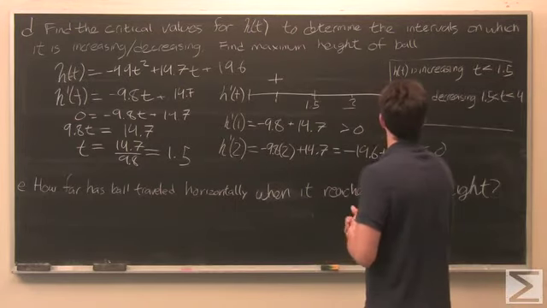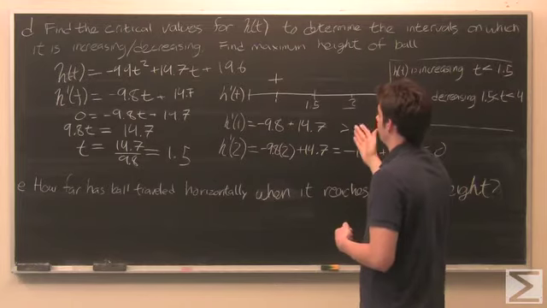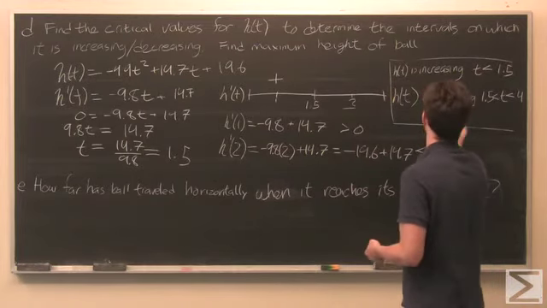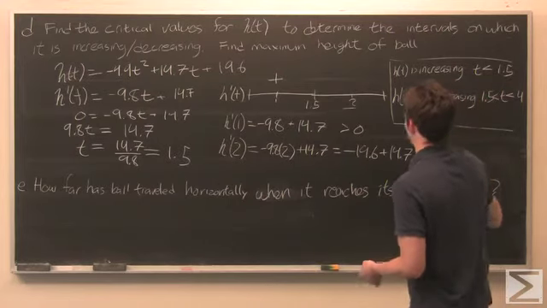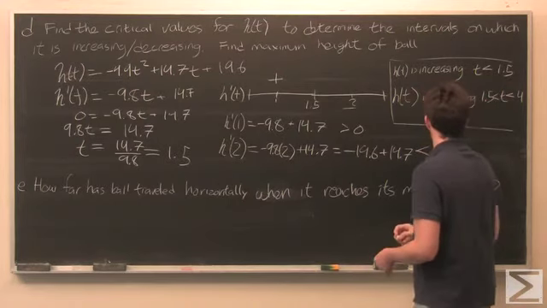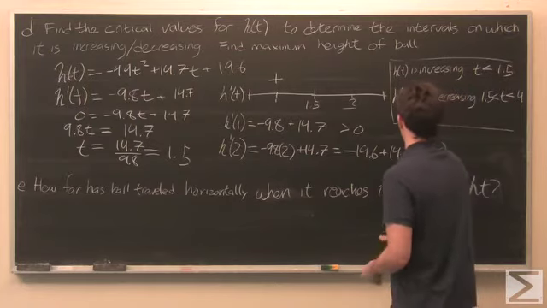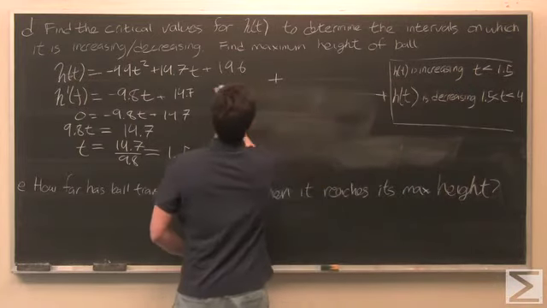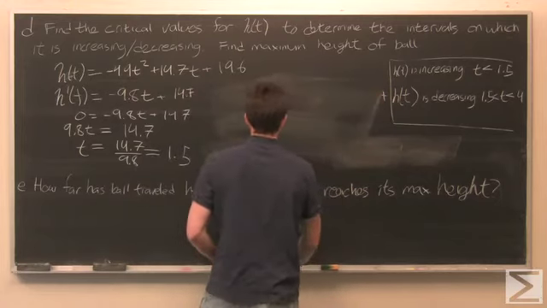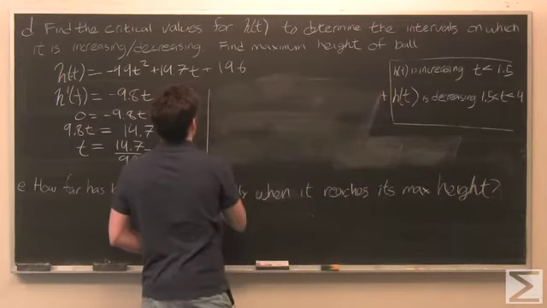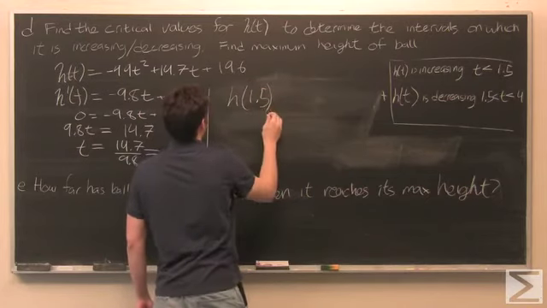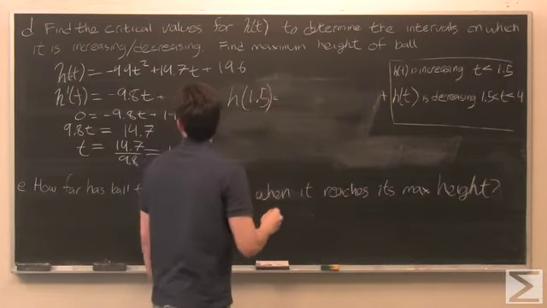Alrighty. So the last part of this step is we need to find the maximum height of the ball, which is simply the height at time 1.5. So I'm going to have a whole lot of room here, but let's get rid of some of this. So we just want to find h of 1.5. Let's see here.